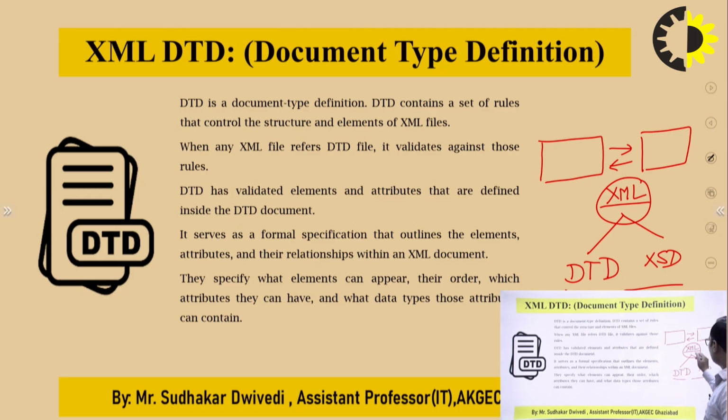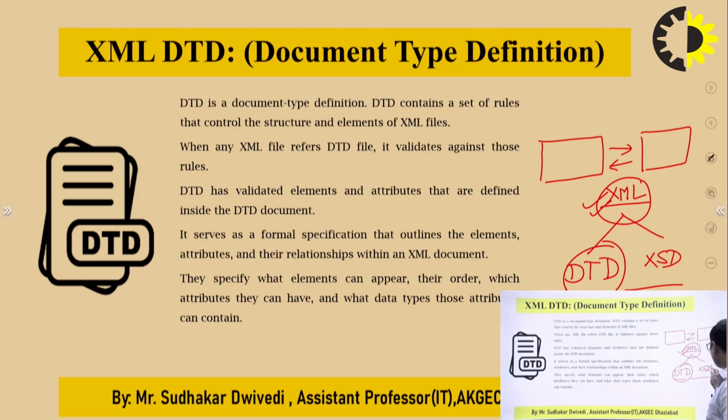If it conforms to this DTD, it can be assured that this XML file is a valid file, or if it is not conforming to this DTD, it is an invalid file.